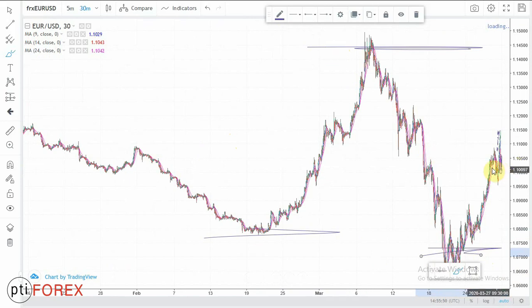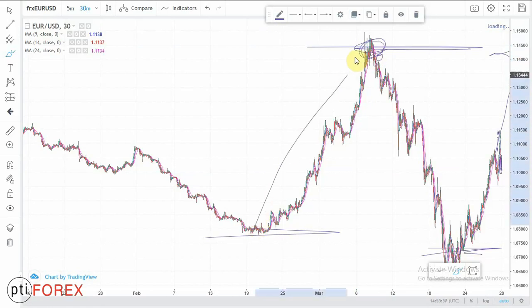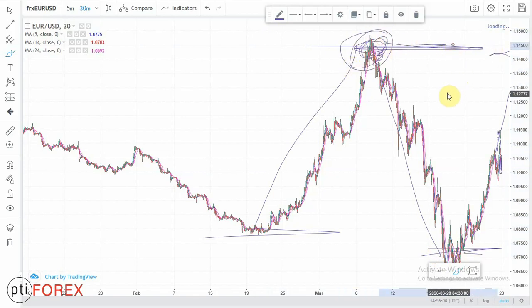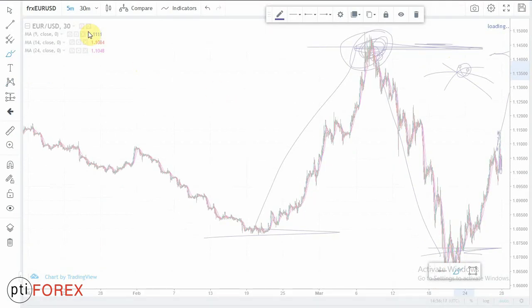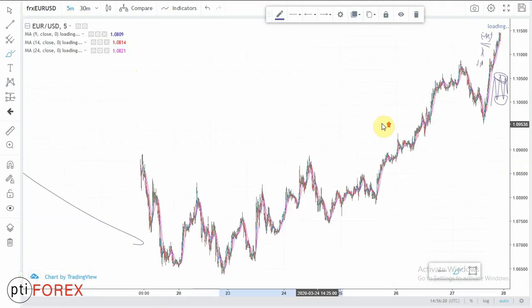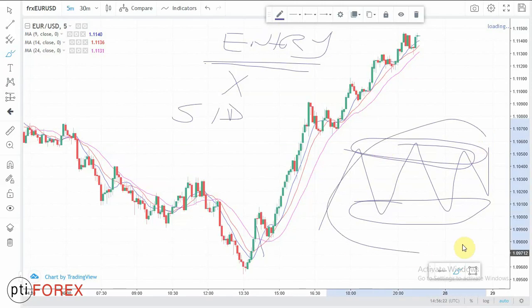Meaning when the market in the future approaches this level, because we know this is a significant resistance level, the market has been going for a long period of time and it was resisted for a long period of time, so it is a significant selling level. When the market approaches this level, that's where you can use your moving average crosses to take your entry. So I hope it is making sense. Even when it comes to trading ranging markets like this, that's where you can apply the moving average crosses.